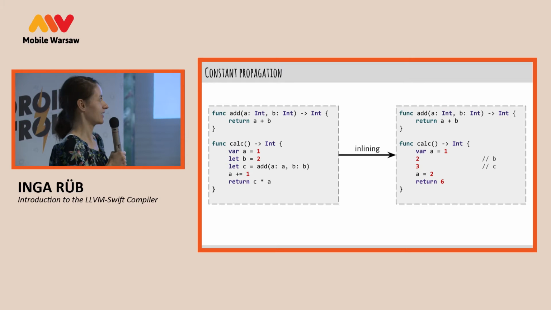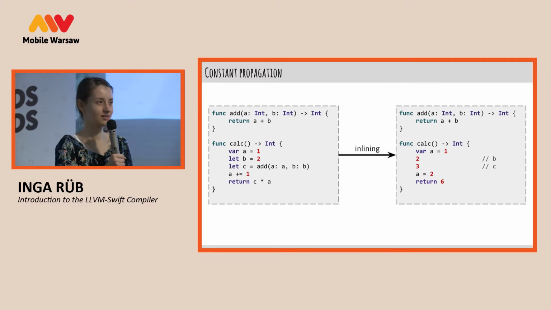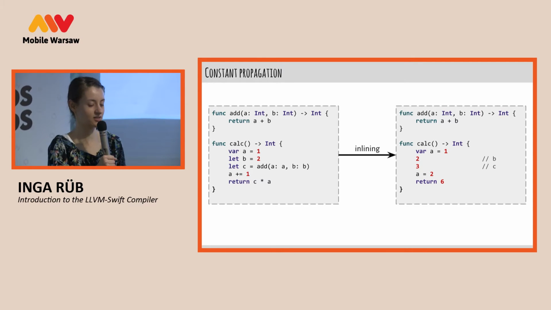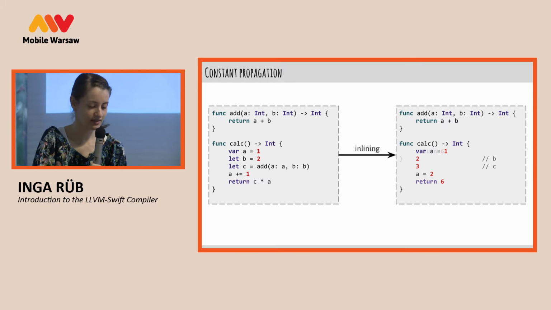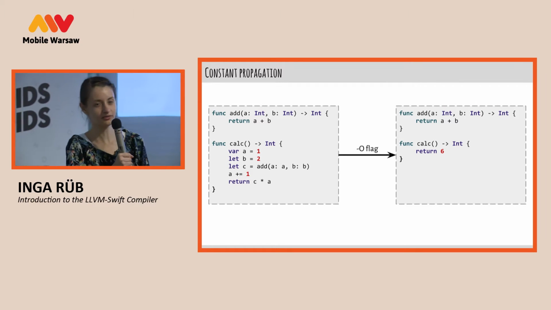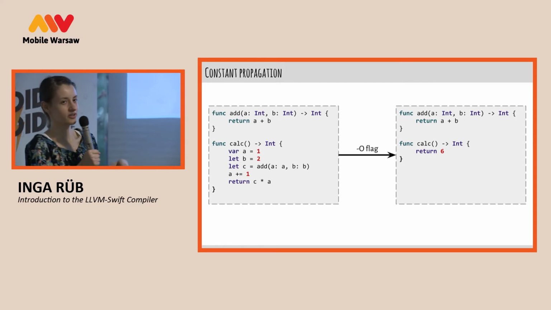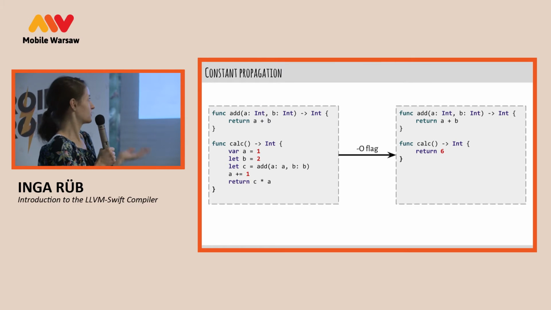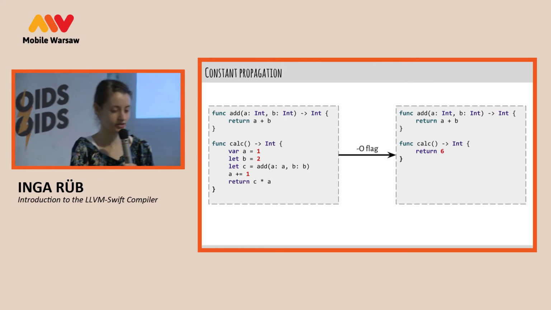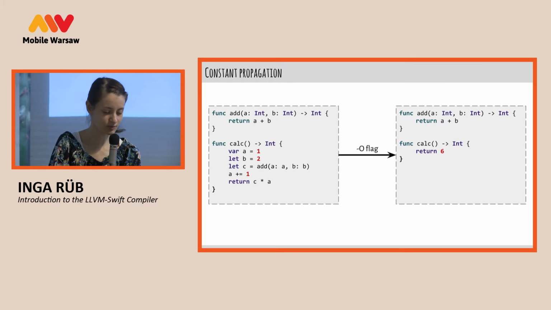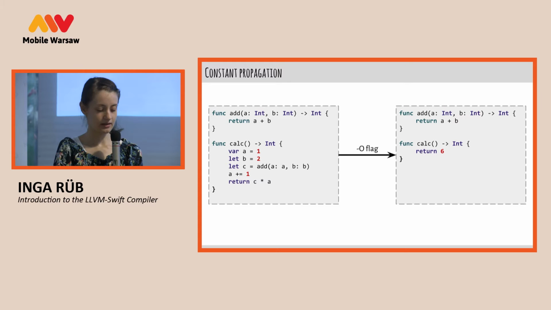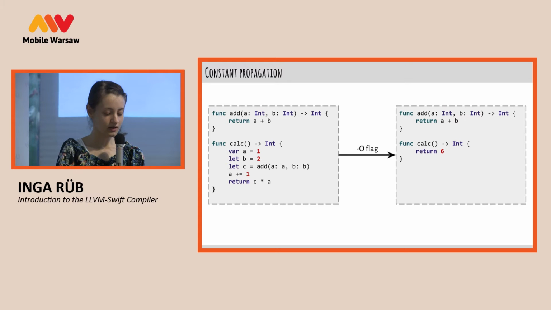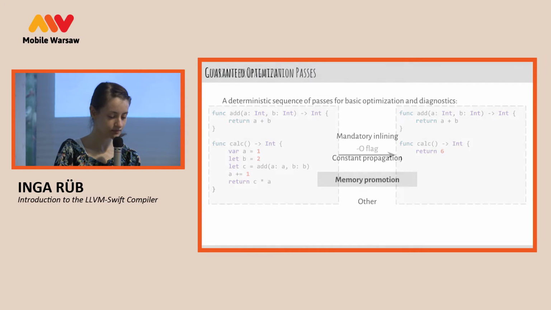So the compiler can just do these arithmetic operations in the compilation time. And then after applying the O flag, all these unnecessary constants disappear, and simply we have the value returned. So it's a very nice optimization. It's basic and it's obligatory. It's performed also for the second time. So it's good to know that we have something like this.